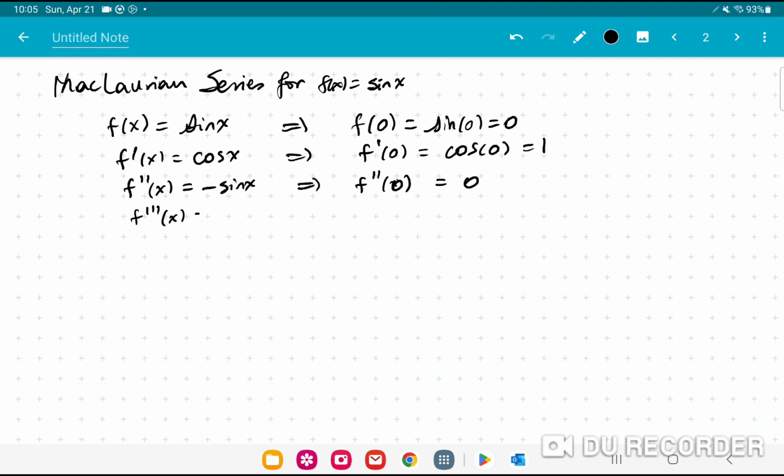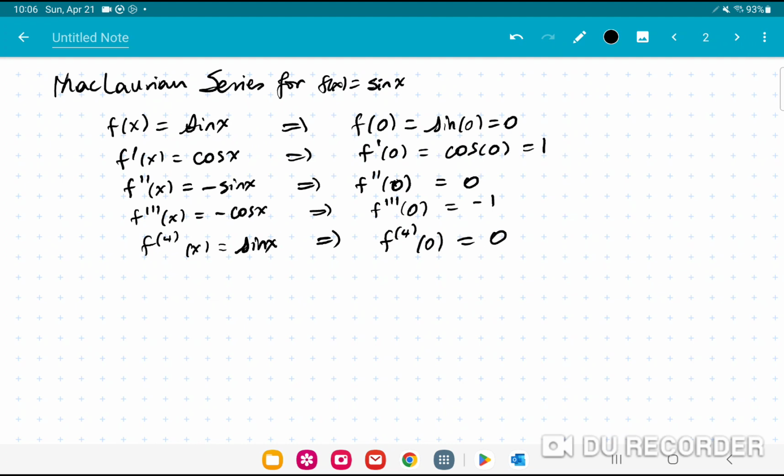The derivative of that is minus cos x. So the derivative at 0 is minus 1. The fourth derivative is minus of minus sine x. So the fourth derivative at 0 is 0.